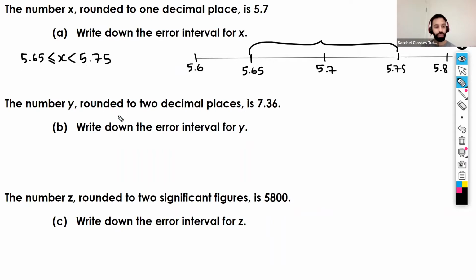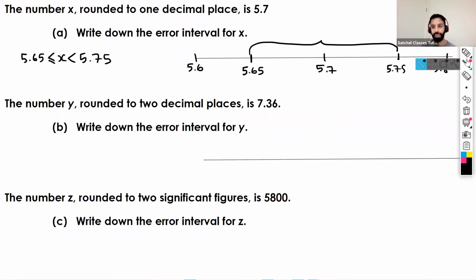Let's try a different example. So the number y rounded to two decimal places is 7.36. So once again, I can use my number line. So I've got my number, which is 7.36. Two decimal places down would be 7.35, and two decimal places up would be 7.37.